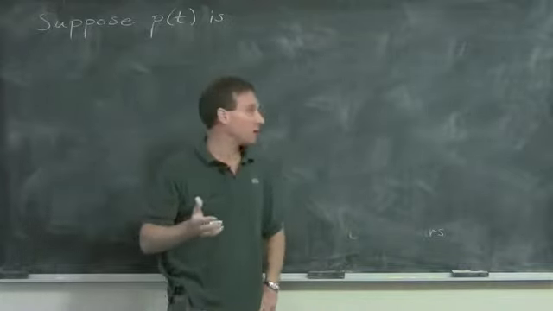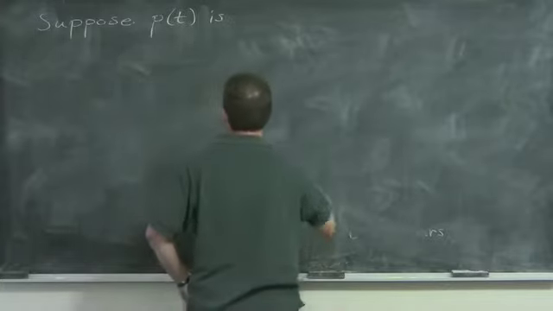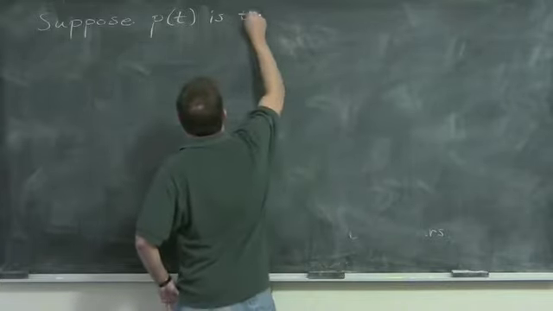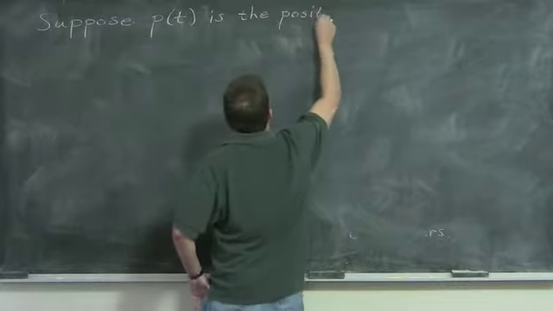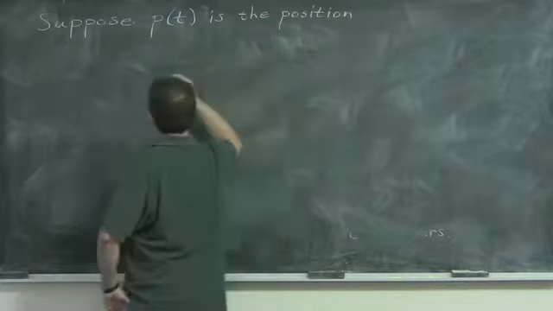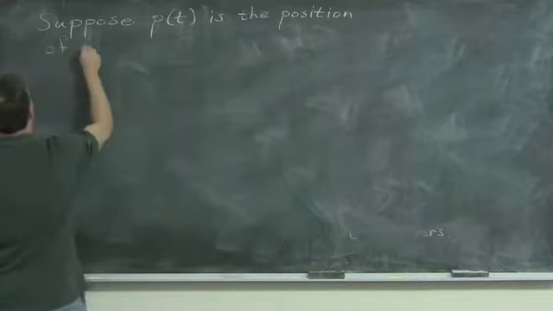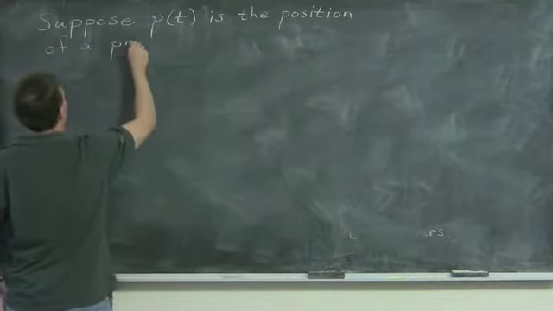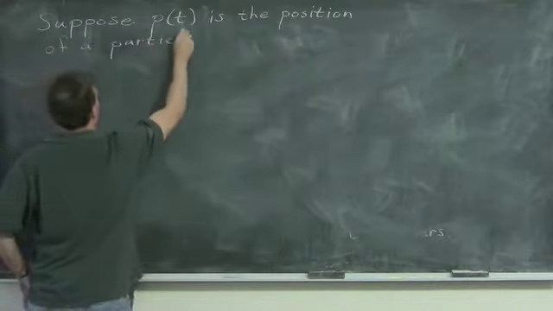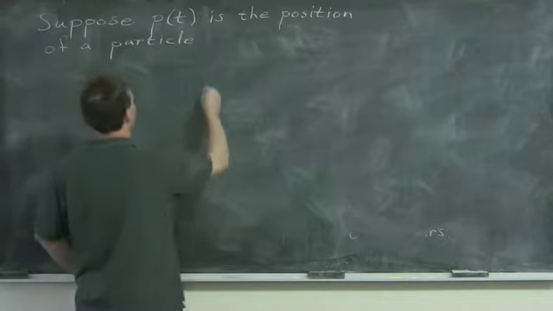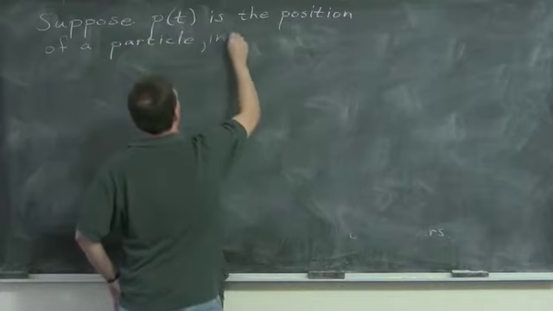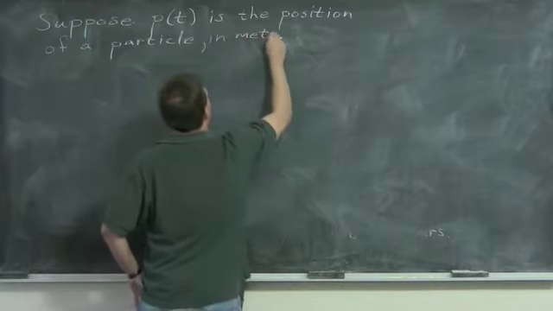The position of a car, a particle, I don't care what it is. Suppose P of t is, I'll say a particle, the position of a particle moving in a straight line, but that's all we're going to talk about in this course, so I won't say that every time. Suppose P of t is the position of a particle in meters at time t seconds.